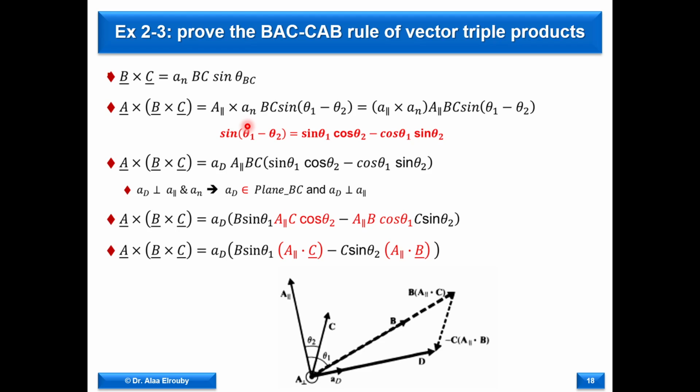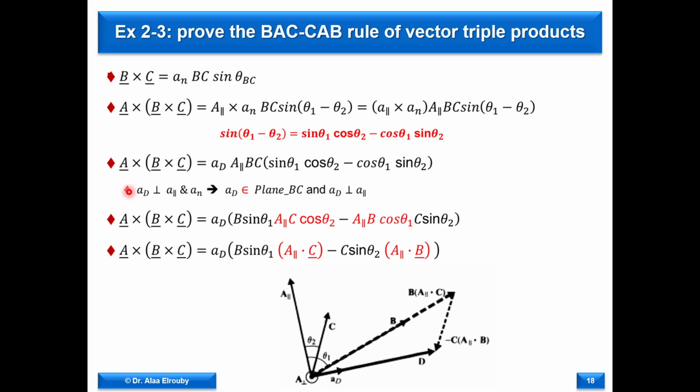So the cross product here would be A parallel cross product with AN, and we denote this as AD, and AD of course must be in the BC plane. So just do some algebraic manipulation. The sine of theta 1 minus theta 2 can be expanded like this.